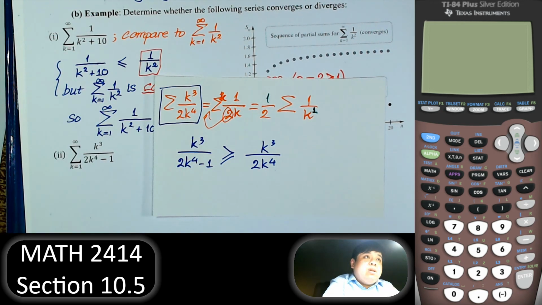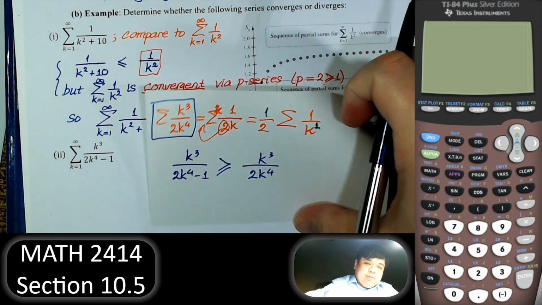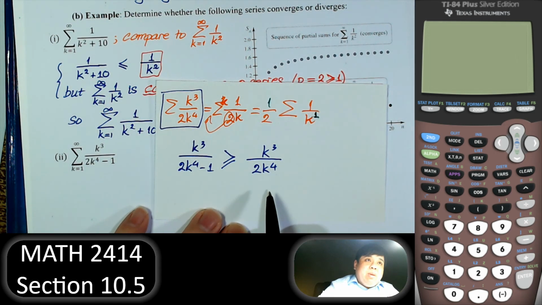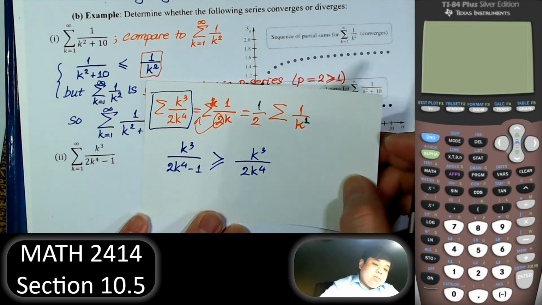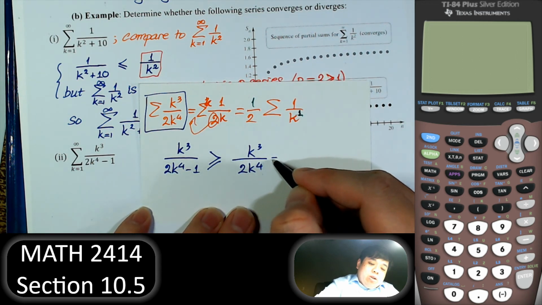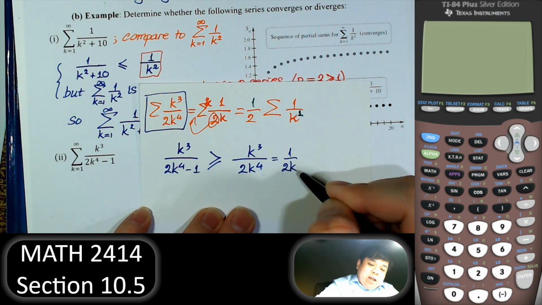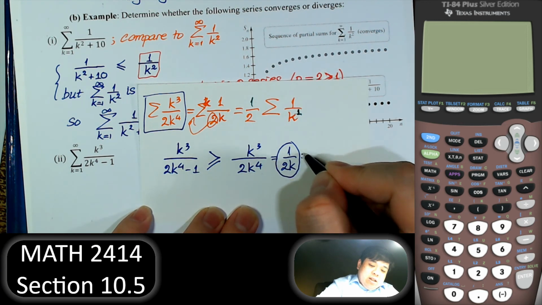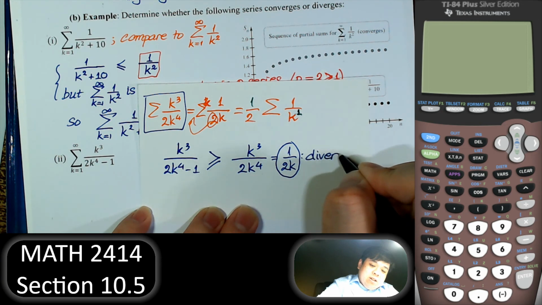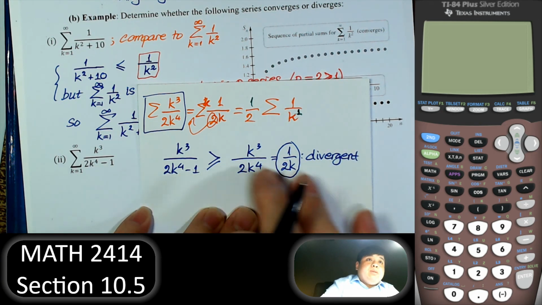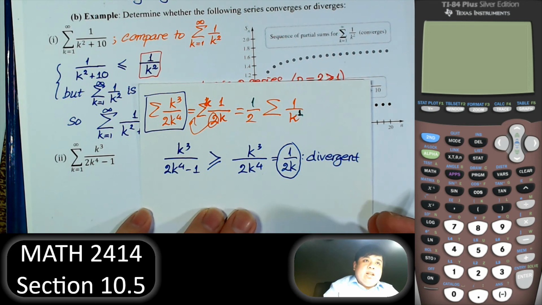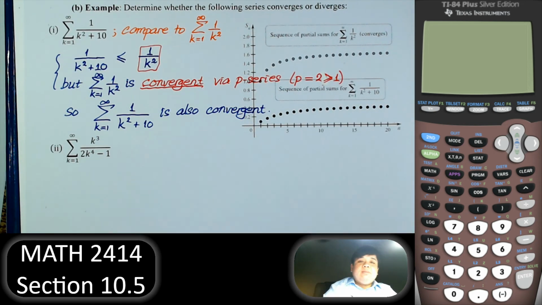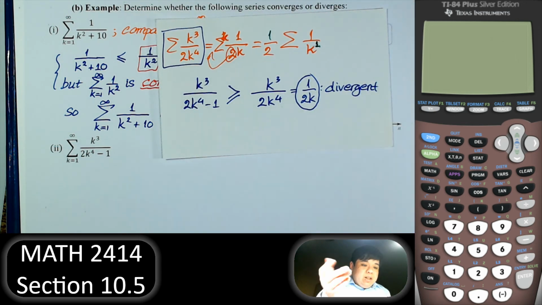Same reason. Once again, bigger denominator, smaller quotient. And we know this one is equal to 1 over 2k, and the series containing this term is divergent. If it is bigger than divergent, then it certainly is also divergent. So that's good then.